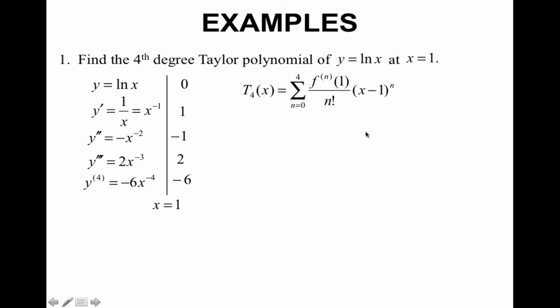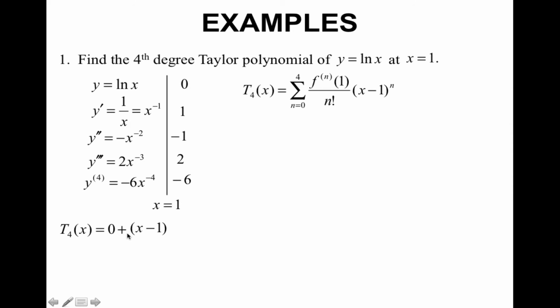Now, here is my series, or my sum, of a Taylor polynomial, and I want to go only to the fourth term, is how you can think about it. To start out, my first term of the Taylor polynomial is when n equals 0. That just leaves me with the value of ln x, which was 0, plus the next term, which is the first derivative, 1.